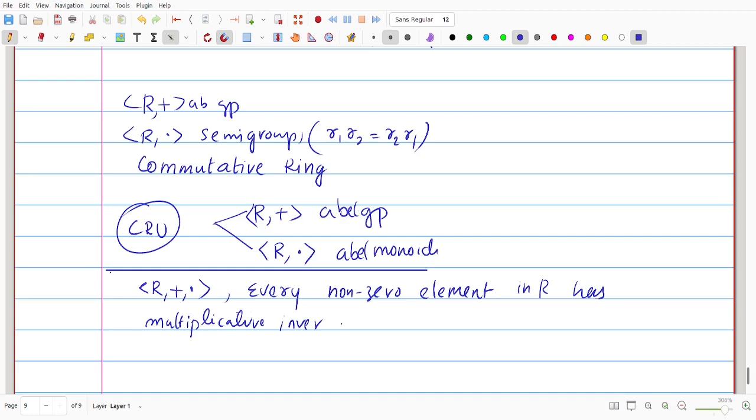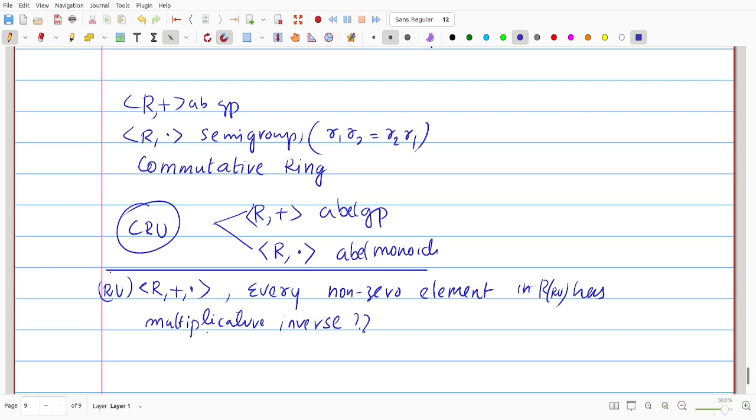In order to speak about the multiplicative inverse, we need to speak about the multiplicative identity. So if you start with a ring and address the question whether every non-zero element has a multiplicative inverse, then we should start with a ring with unity. Because that ring should contain identity, only then we can speak about the inverse of an element. So every non-zero element in a ring with unity has a multiplicative inverse. This is the question we have to address.